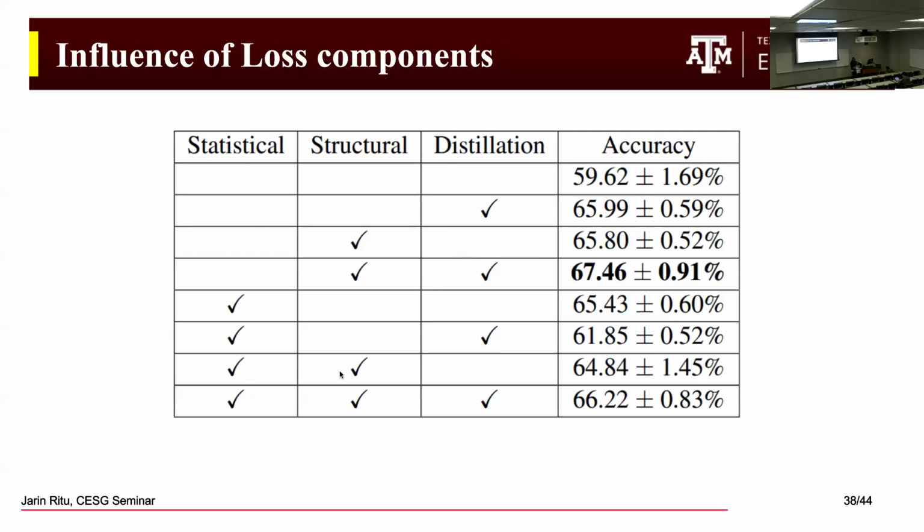And then when we incorporate only texture distillation, not output distillation, it's 64.84. It's still pretty similar to only distillation. But when we incorporate all the things together, it gives us a nice balance of 66.22% testing accuracy.